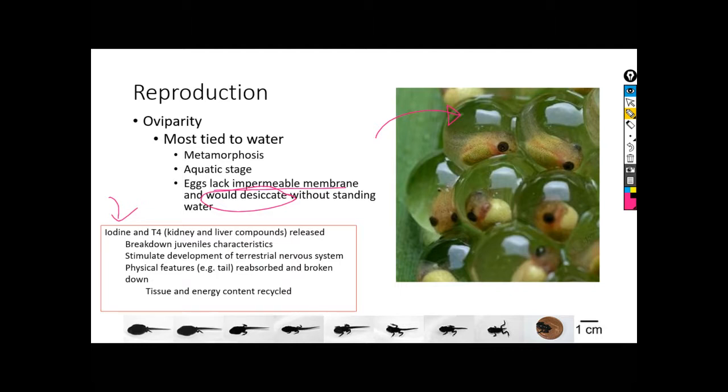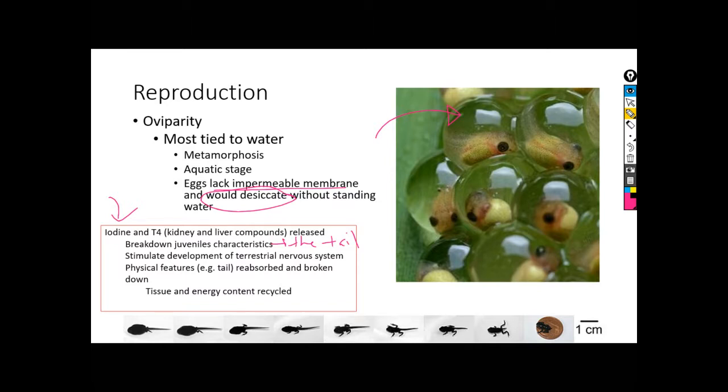And the key here is, as these compounds are released, the same thing kind of works with you, it's just not dissolving your body and making it a new thing, right? As you grow, you get more thyroid compounds. But the key here with them is they're going to dissolve some of their juvenile characteristics, these things being like the tail, for example, or the gills.